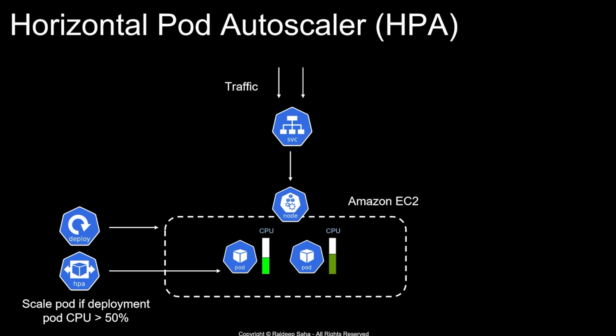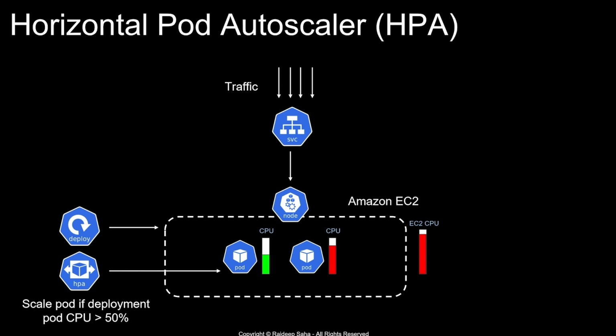Now let's say traffic keeps on increasing and then the average CPU utilization for these pods goes above 50% again. But at this point, this Amazon EC2 is out of resources as well. Let's say the Amazon EC2 CPU is at 90%. But HPA does not know that. HPA's job is simply to increase the number of replicas in the deployment based on some metrics, in this case CPU.